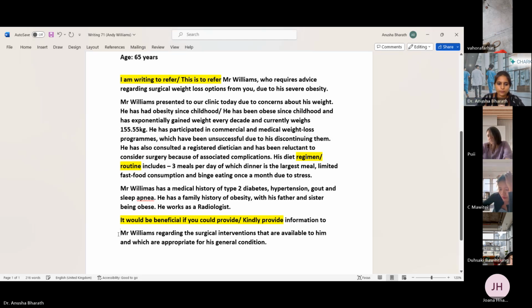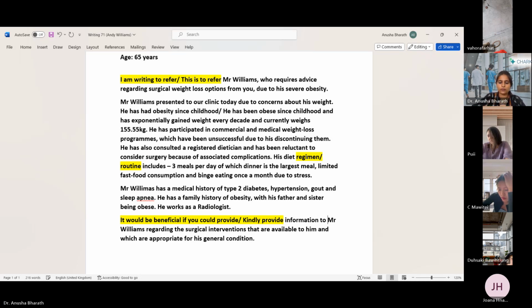We don't have an enclosure note here. Concluding statement.